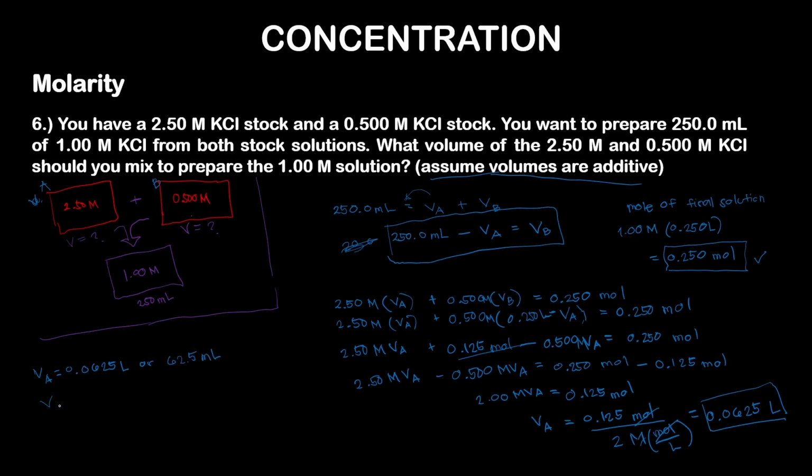To get VB, just simply subtract. So 250 ml minus VA, which is 62.5 ml, is equal to 187.5 ml. Okay, so this is the final answer.